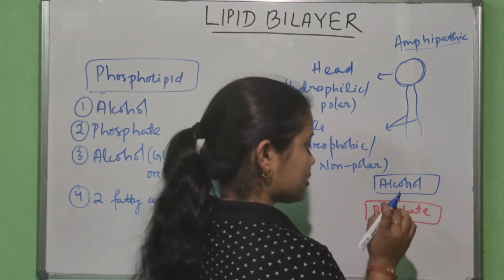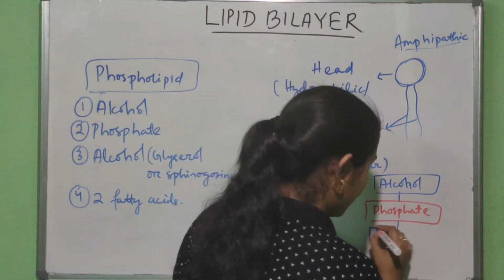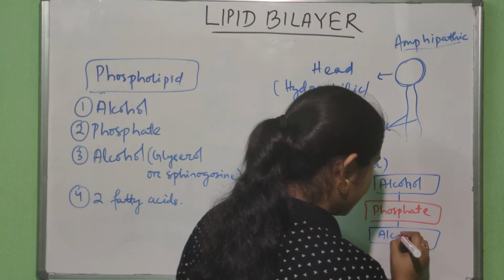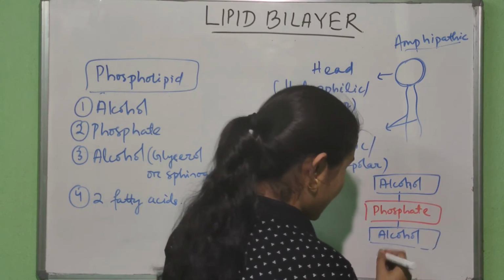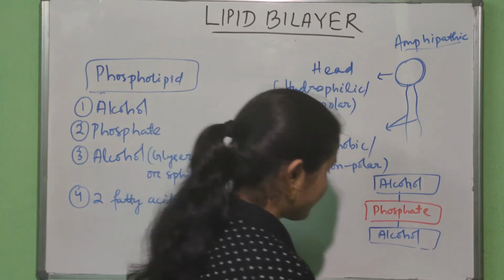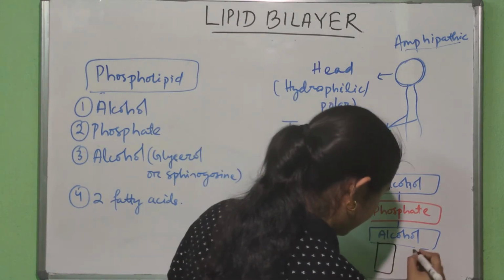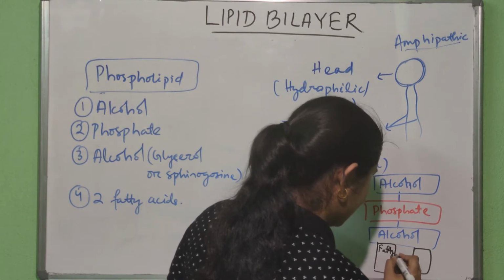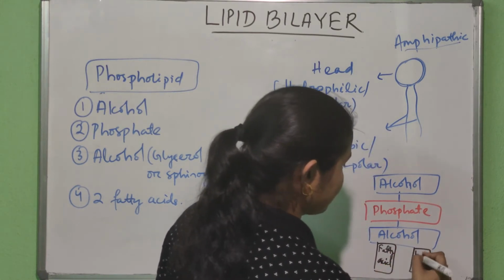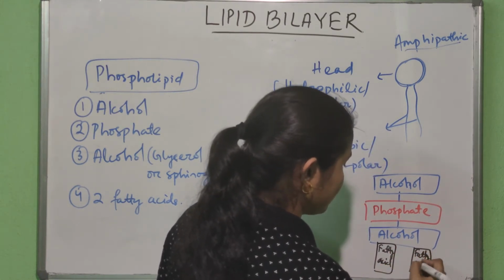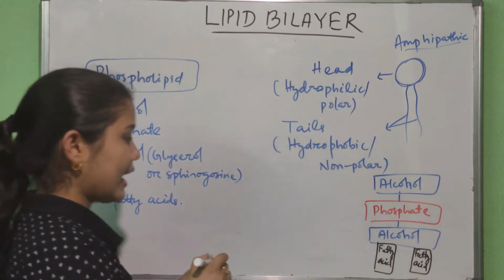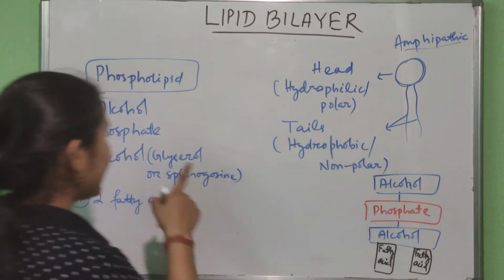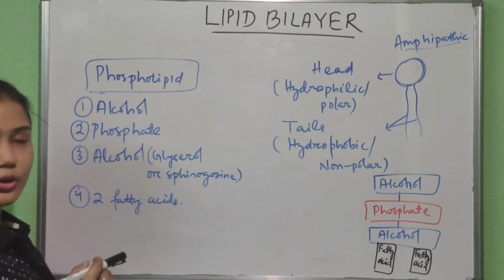One alcohol is attached to the phosphate group, and another alcohol is attached to the phosphate group as well as to the fatty acids. This is the fatty acid. Clear? And this alcohol can be glycerol or sphingosine.